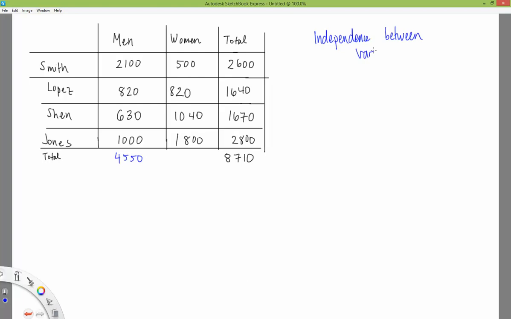Okay, so in our chart here we have two variables. We looked at someone's gender, so that's one variable, either they're male or female, and we looked at their candidate choice. They voted for one of these four.